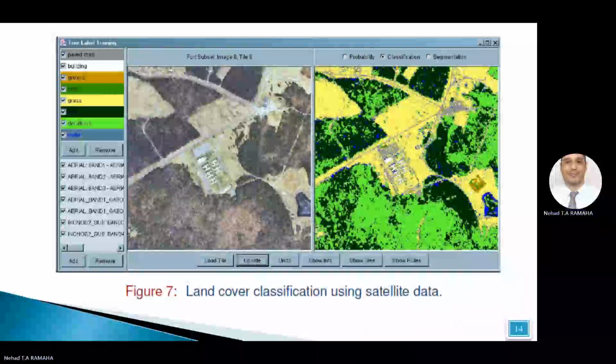In land cover, we try, from the satellite image, to make the computer recognize the objects in the maps, like buildings, grass, trees, and so on.